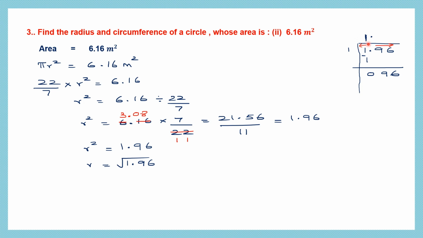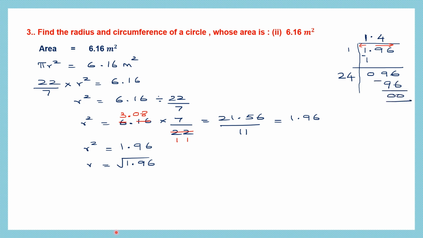Doubling it means multiplying it by 2. So 1 2s are 2. Now we need to get a number by the side of this, so that when we multiply it with that same number, we get 96. So if I put the number 4 here, it becomes 24. 24 into 4 is 96. So we've got our square root.